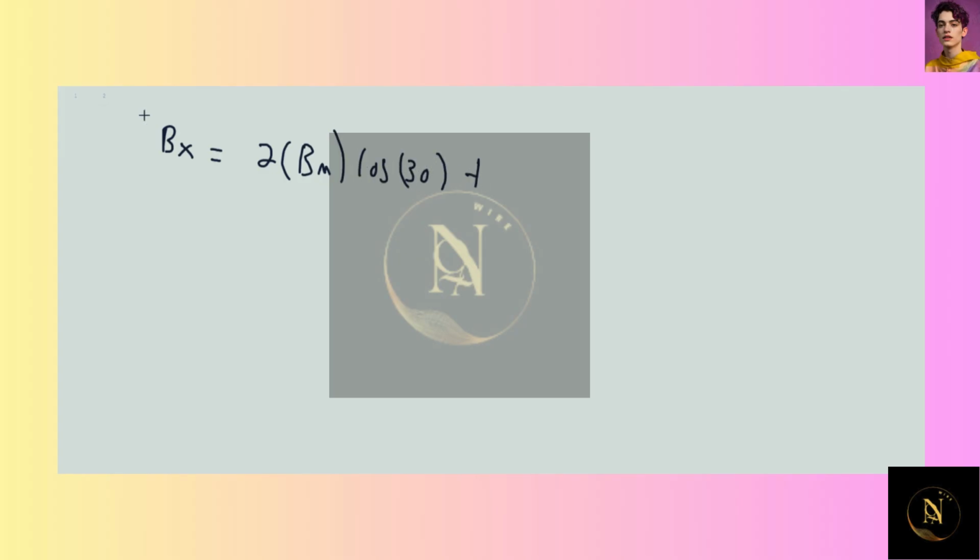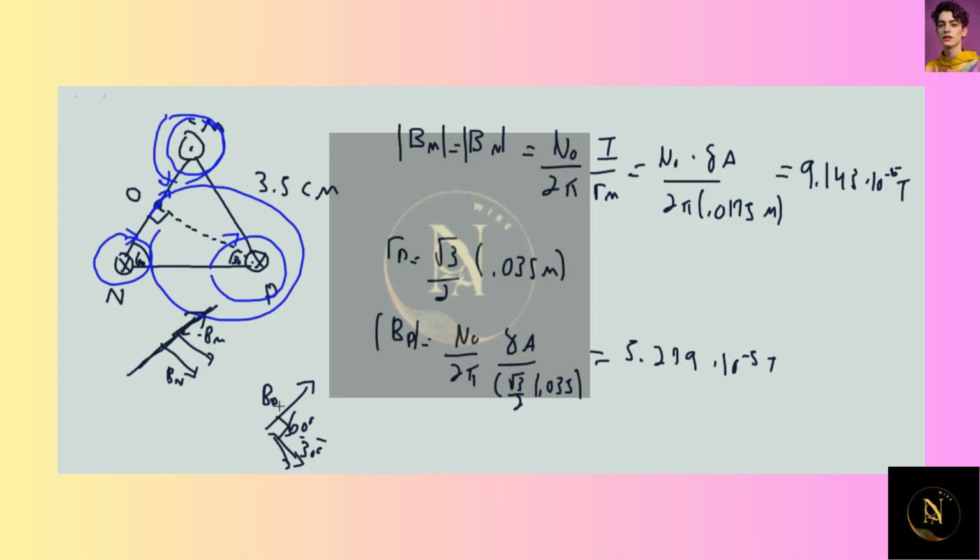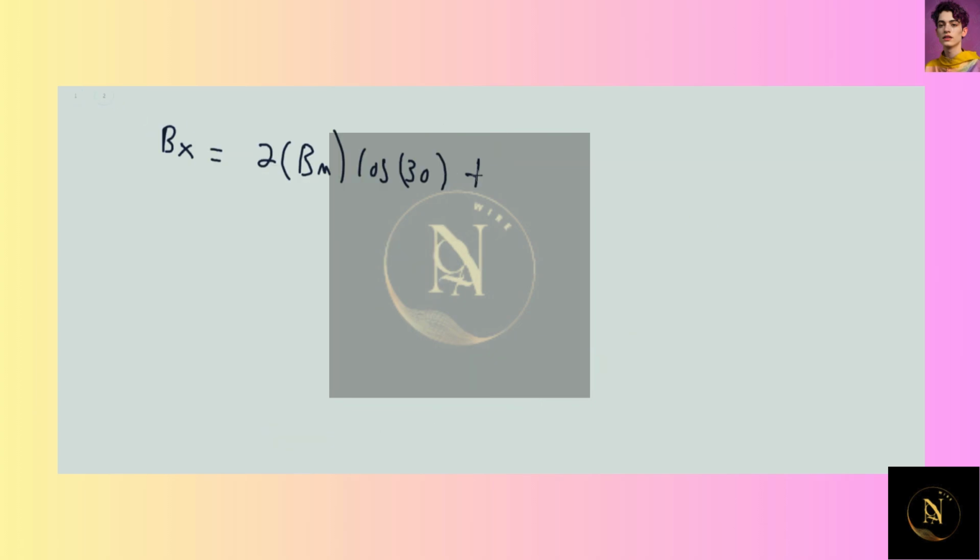And then from field P, this will also be positive, and this will be the magnitude of BP times cosine of 60. So plus BP cos of 60. And so this should come to be 1.849 times 10 to the minus 4 Teslas.